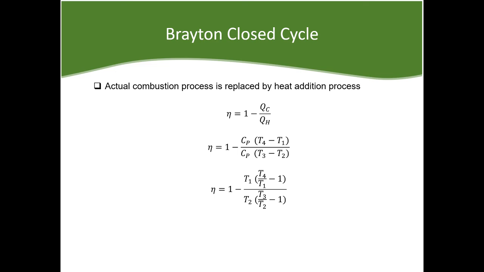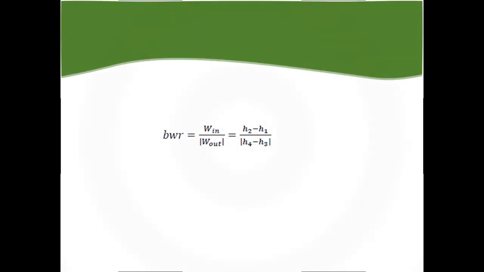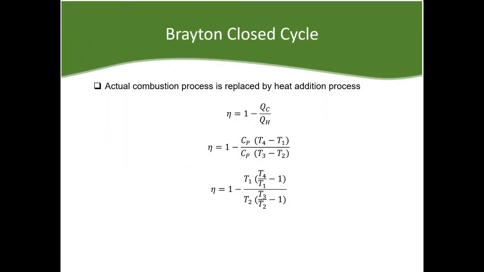These are the equations na ginagamit for Brayton cycle. The efficiency, kahawig lang, diba, kapareho lang ng efficiency ng Carnot, pero we can use CpΔT to calculate for QC and QH.